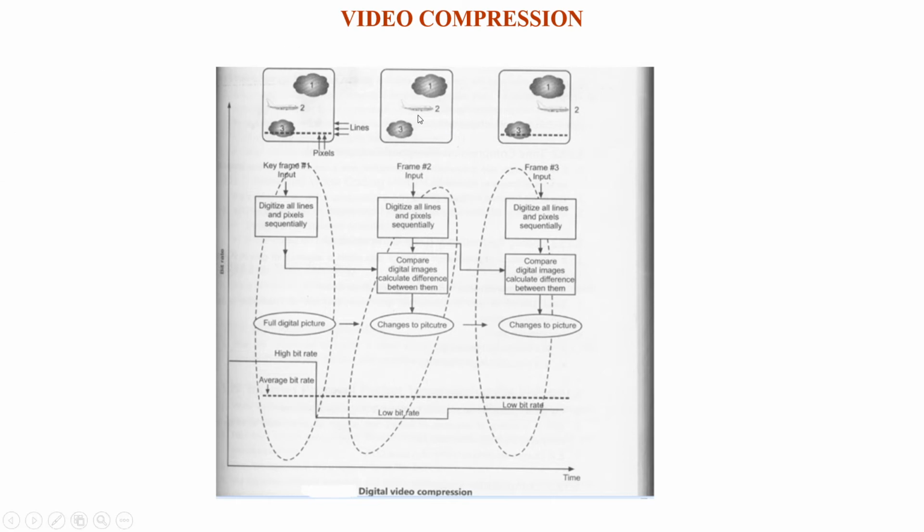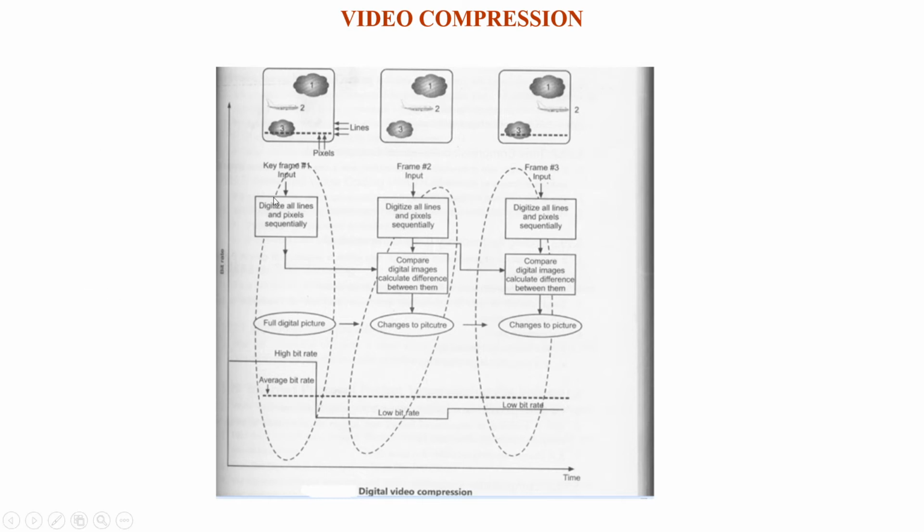The second frame you are not supposed to encode completely, just encode the difference between these two frames. As these two frames correlate more, the difference will be less, and the bits I need to encode that error will be less. In short, whatever bandwidth is required to transmit this video information will be less.